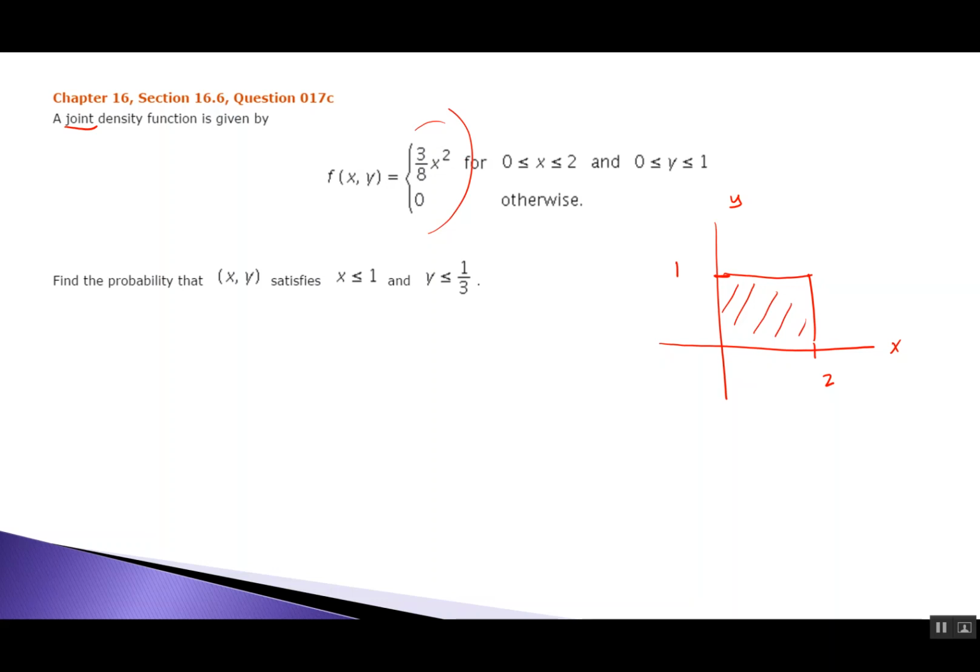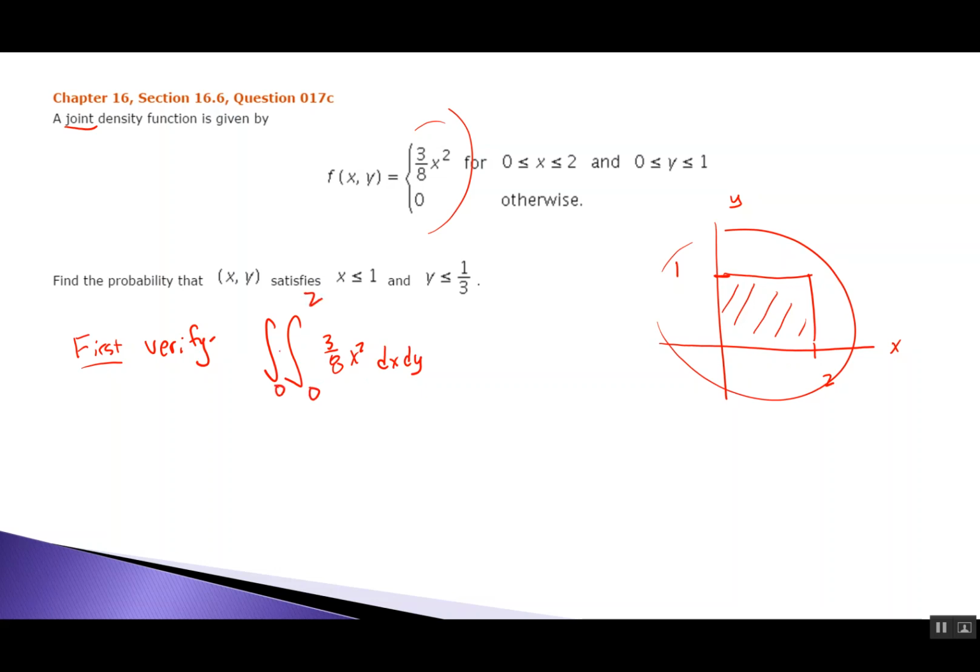First, though, I'm going to verify that this is a double density function, just to show you how you would do that if it shows up on the homework. So I would need to integrate over the entire domain that function, 3/8 x squared dx dy. In this case, it's easy to set up in rectangular. X goes from 0 to 2 and y goes from 0 to 1 because it's just a rectangle.